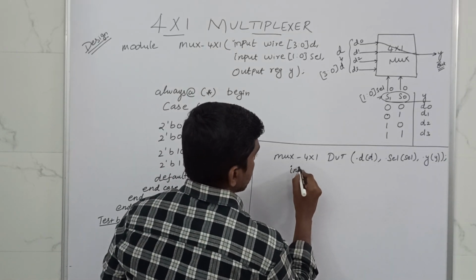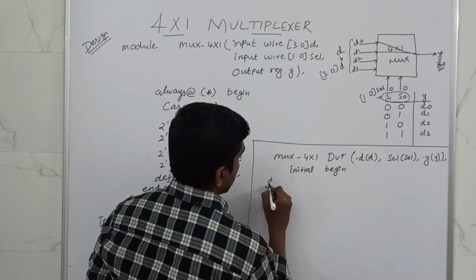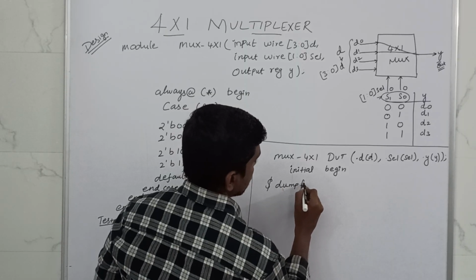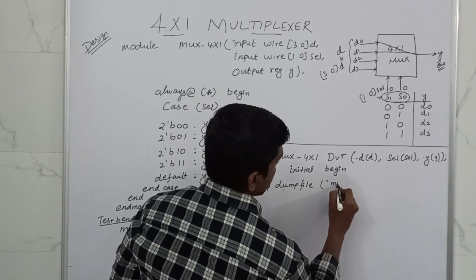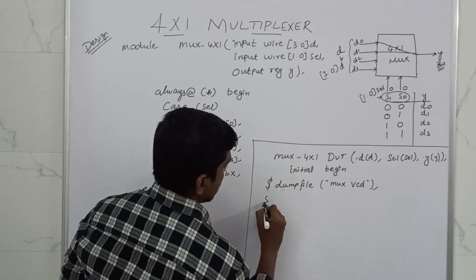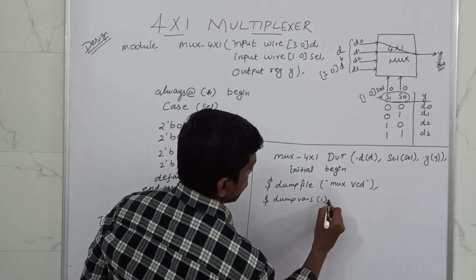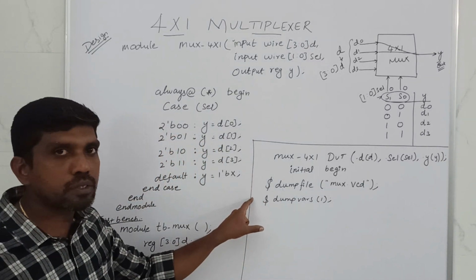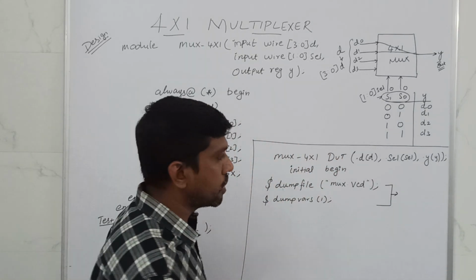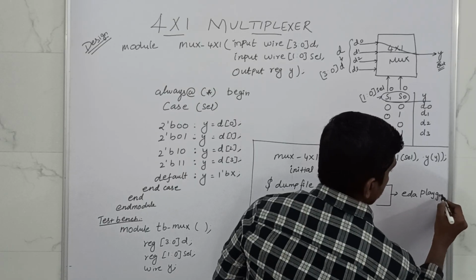Then initial begin, $dumpfile("mux.vcd"), then $dumpvars(1). These two statements are used to get the waveform while you run the code on EDA Playground.